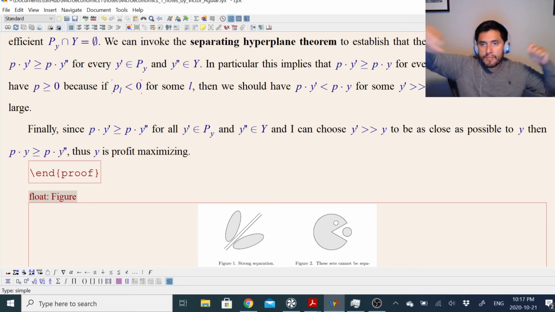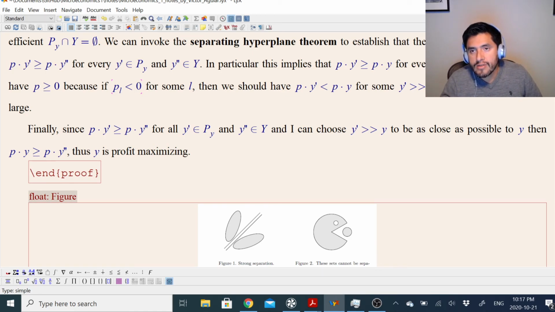So you can blow up this entry of the vector because there is a negative price there, and you can reverse the inequality. So this is not good, right? We need prices to be greater than or equal to zero, else they will lead to a contradiction. So that means that you actually have a non-negative price.